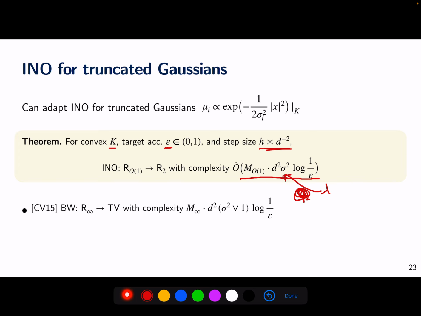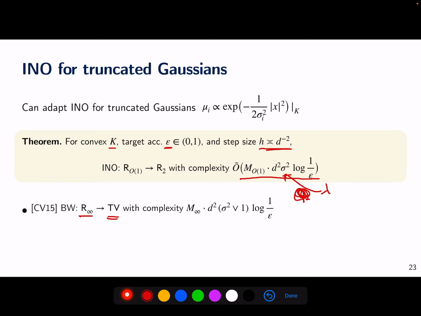Before we developed this in-and-out for the truncated Gaussian, Cousins and Vempala, when they designed this Gaussian cooling algorithm, adapted the Ball Walk algorithm for Gaussian sampling as well. The guarantee of the Ball Walk for Gaussians also looks very similar to the Ball Walk for uniform sampling. Its initial warmness should be Rényi infinity, and its final guarantee is given in TV.